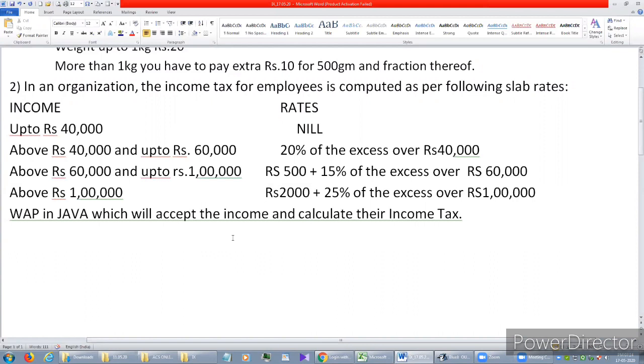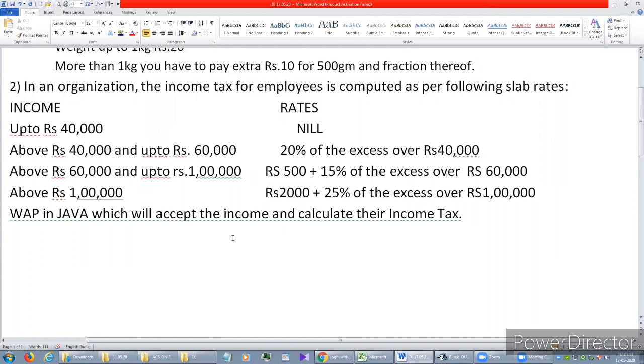This term is important. In the previous program, we learned the term fraction thereof, and here we concentrate on another term, which is 20% of the excess over 40,000.